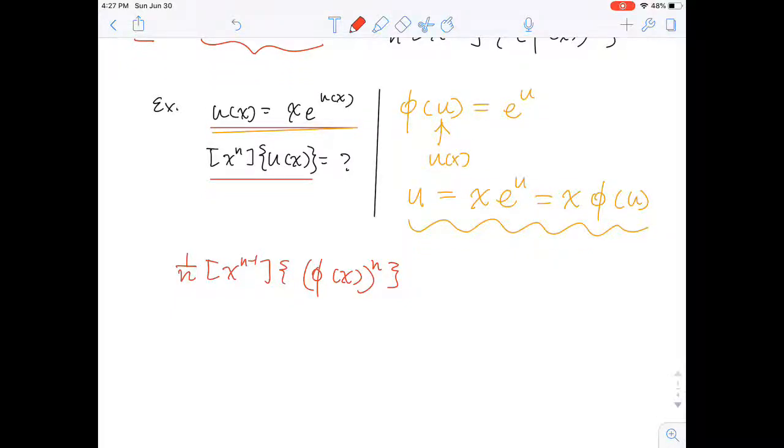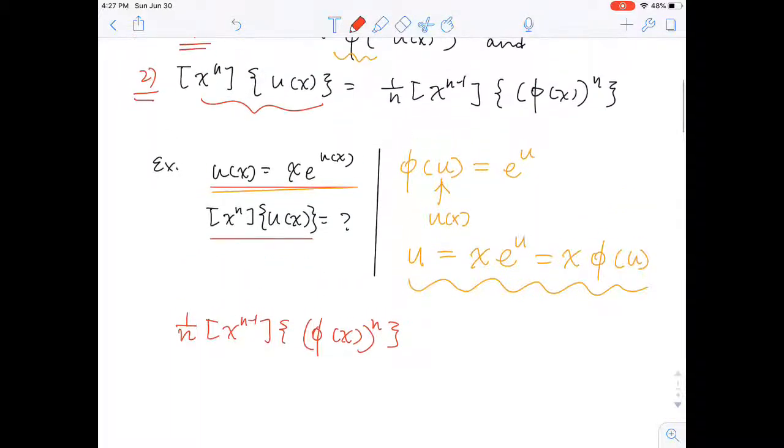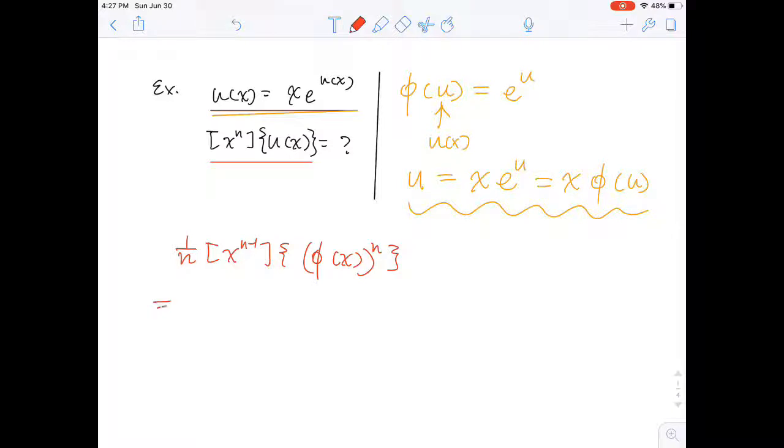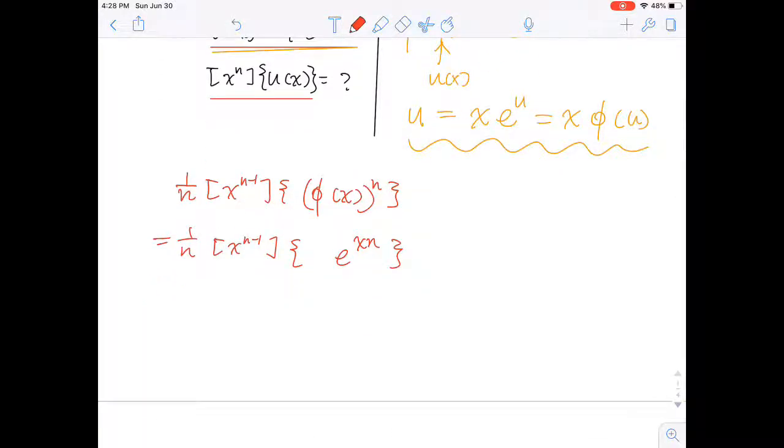Just keep in mind that although the variables have different names, it describes the same function. So what would this be? Well, by our definition of phi(x), we're looking for the coefficient of x^(n-1) in the expression e to the power of nx. That's what we're looking for.